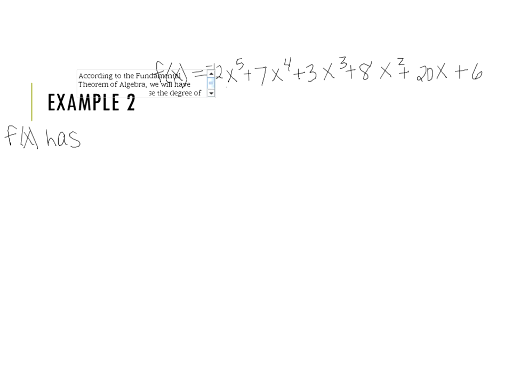Okay, so we just have one sign change in that first term. So f of x has one sign change. So we have how many positive real roots? Perfect, just one.